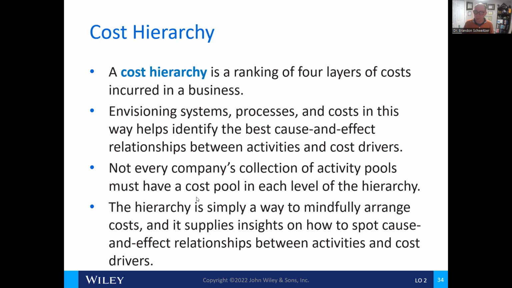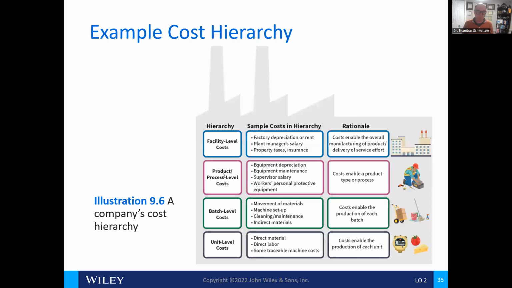Hierarchies is just a real easy way for us to visualize and understand how to identify the cause and effect relationships between activities and cost drivers. So here we have the hierarchy in an example. Facility level, production level, batch level, and unit level.